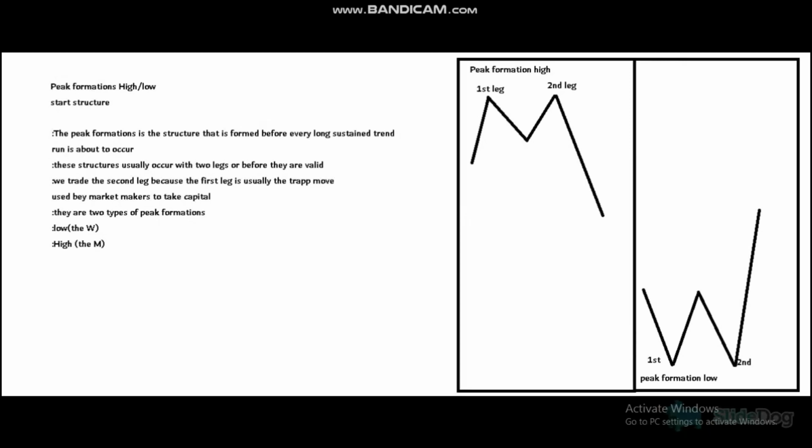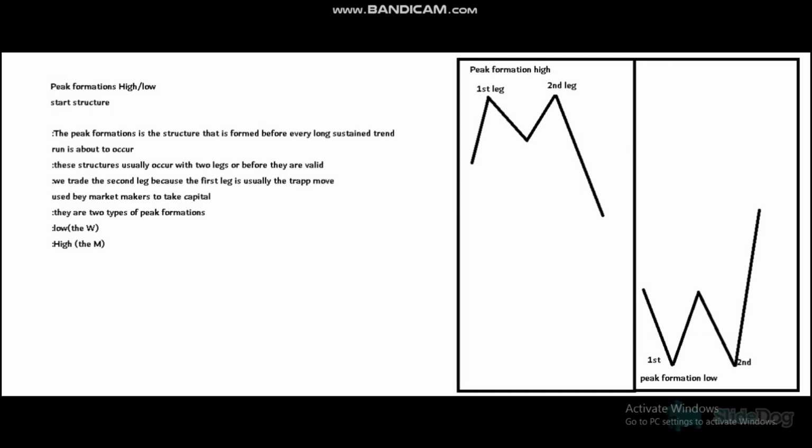These structures usually occur with 2 legs before they are validated. More or less, these structures have 2 legs or 2 periods that have to be completed before they can be validated as a proper structure. The reason there are 2 is because the first one is always a trap.